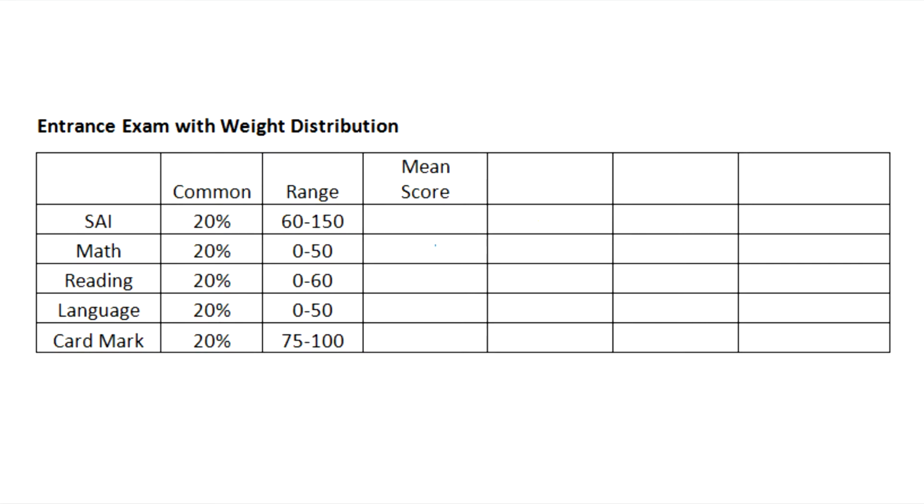Let's have another example using an entrance exam. The common practice is to get the weighted mean per area. Take note that the average score or grade of each subject area is different. The score in the card mark is almost the same as the math, reading, and language combined. In other words, it defeats the purpose of weighted mean.